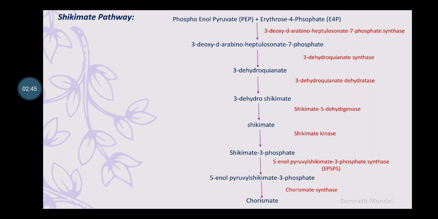Among them, the enzyme 5-enol pyruvyl Shikimate 3-phosphate synthase, or EPSPS in short, is inhibited by glyphosate, the active ingredient of Roundup herbicide. Therefore, chorismate will not be biosynthesized in plants where Roundup has been sprayed, and thereby aromatic amino acids like phenylalanine, tyrosine, tryptophan will be blocked.